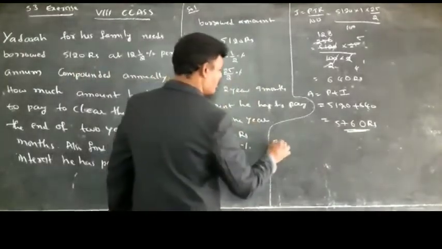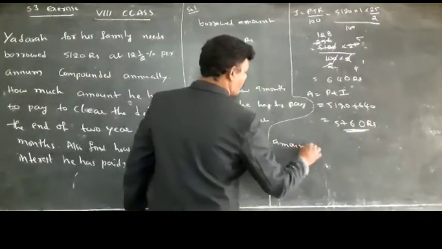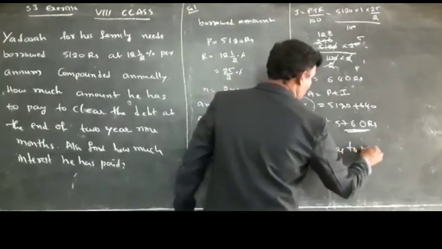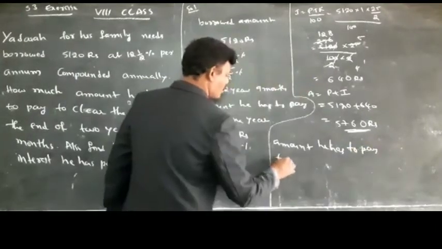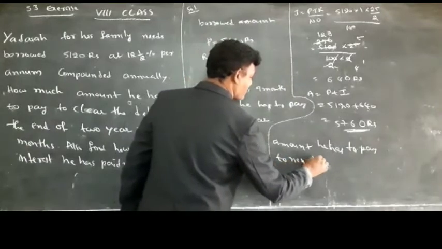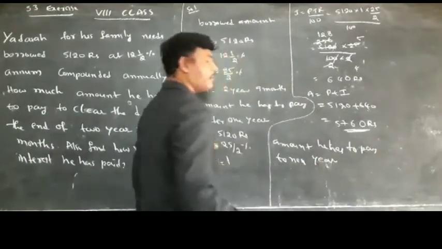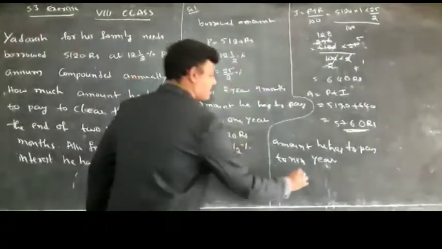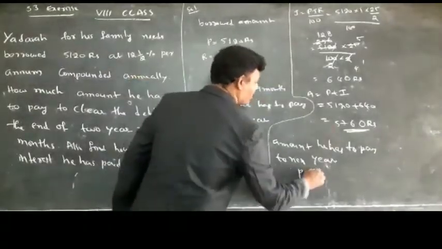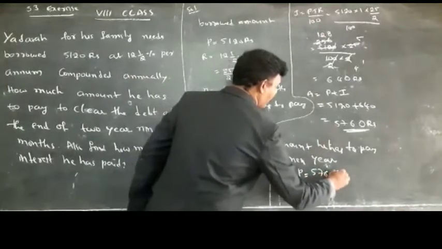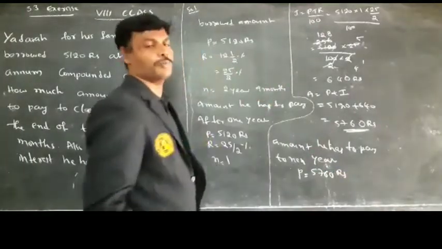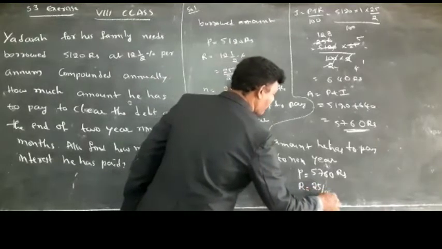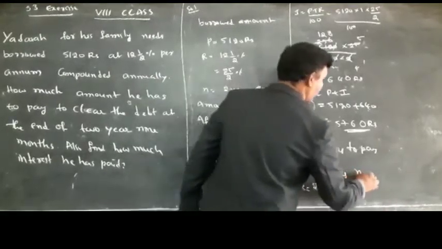So this is the amount he has to pay next year. Why? Because interest is compounded every 1 year. Now next year this amount is nothing but principal amount of 5,760 rupees, and rate of interest R is equal to 25/2%. N is equal to 1.